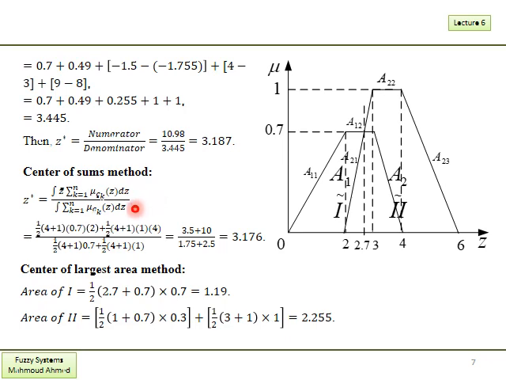In the center of sums, we apply simply this rule.